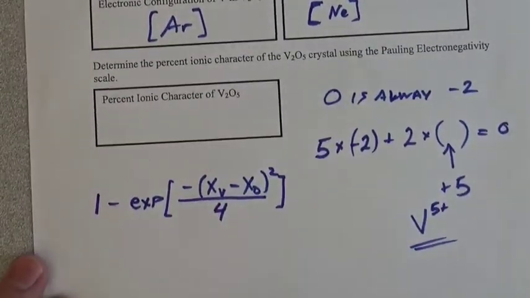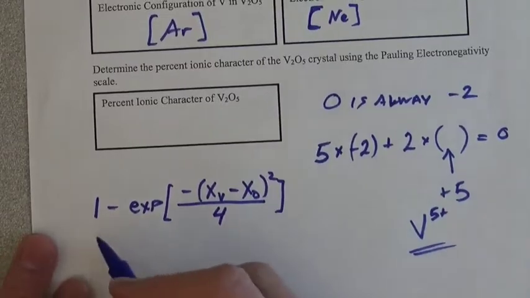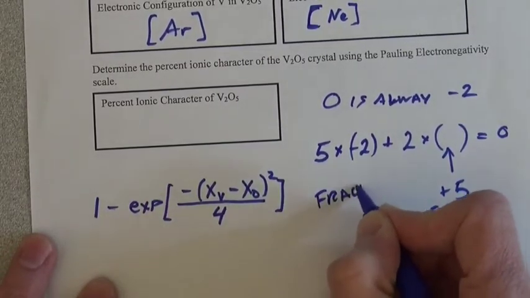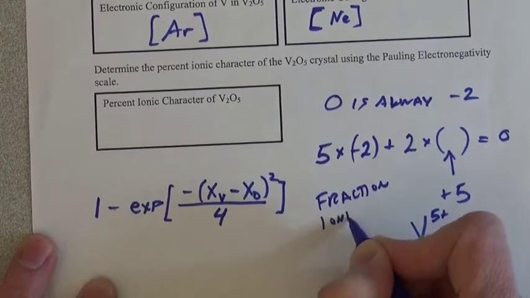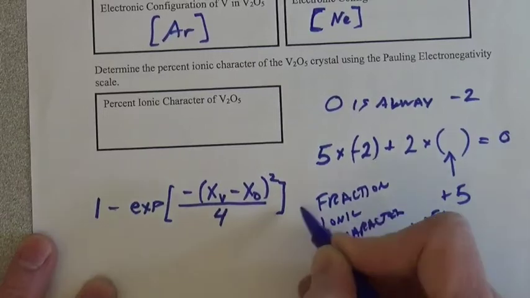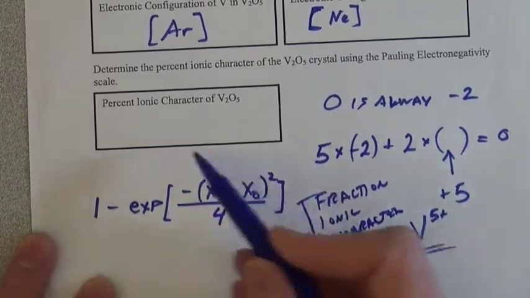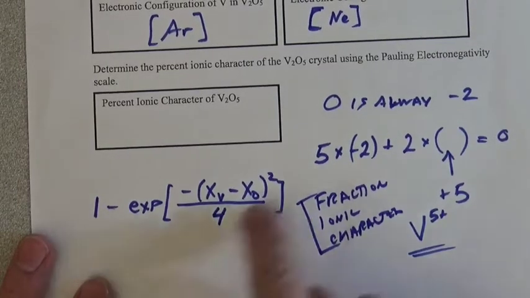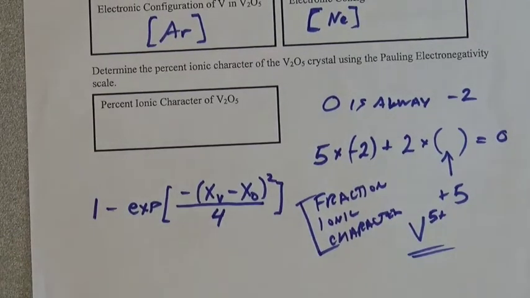That's the equation we have. This gives the fraction ionic character. To get the percentage, you have to multiply by 100, and I didn't put that on the equation sheet. Truth of the matter is they're both equivalent as long as you know whether or not you're presenting a fraction or percent.